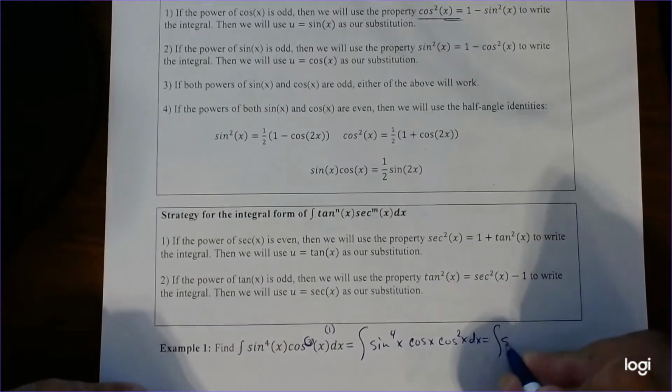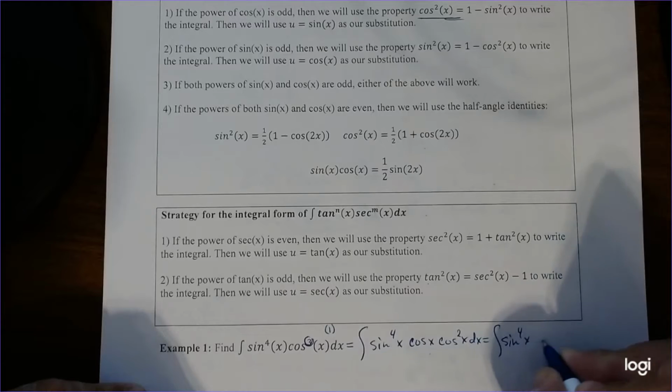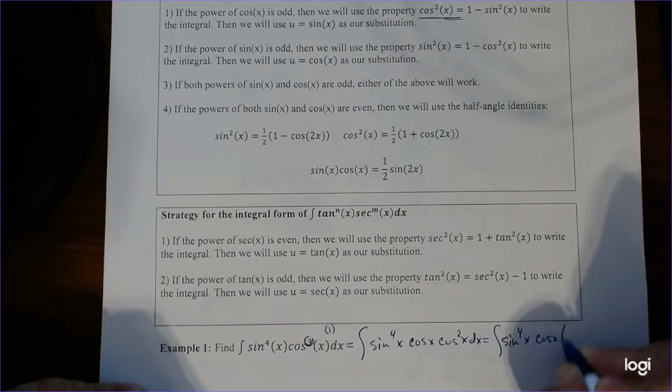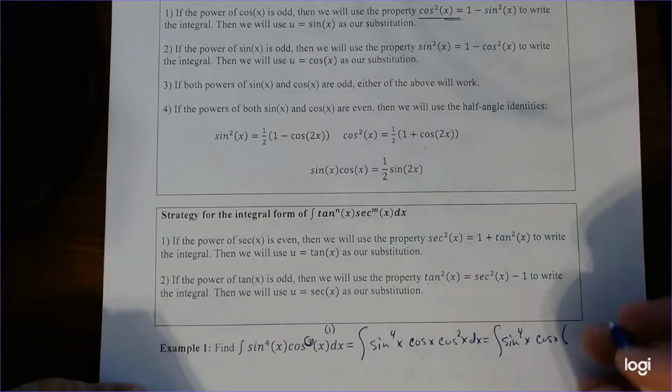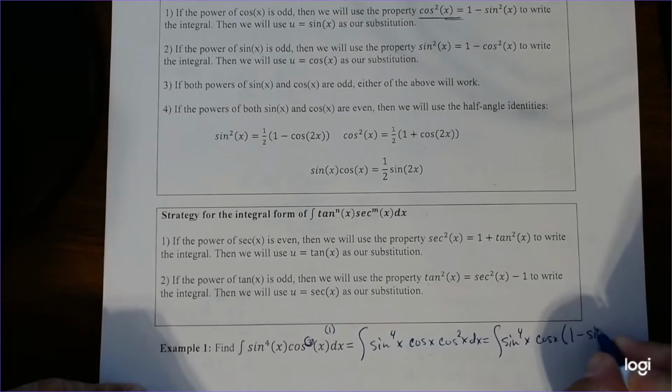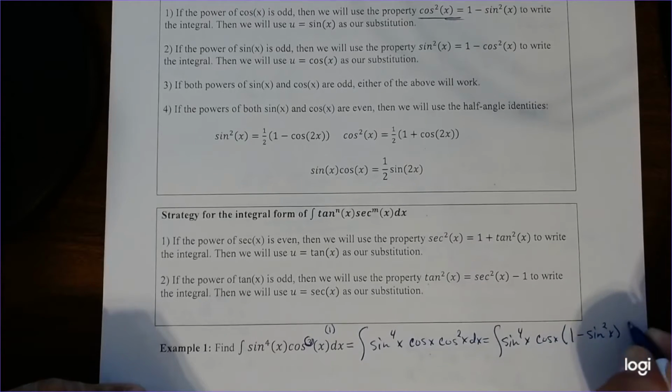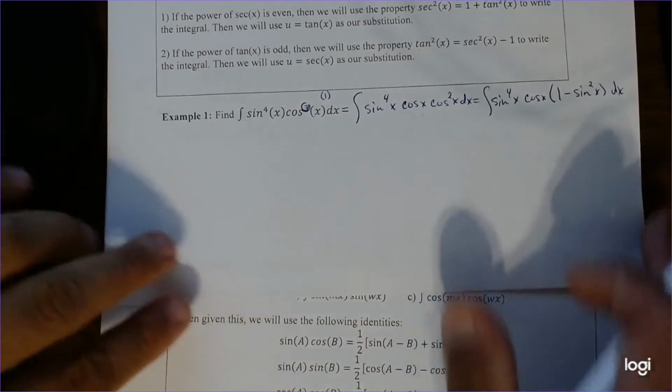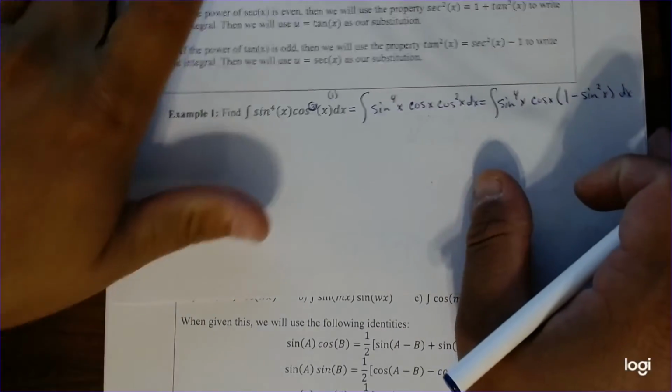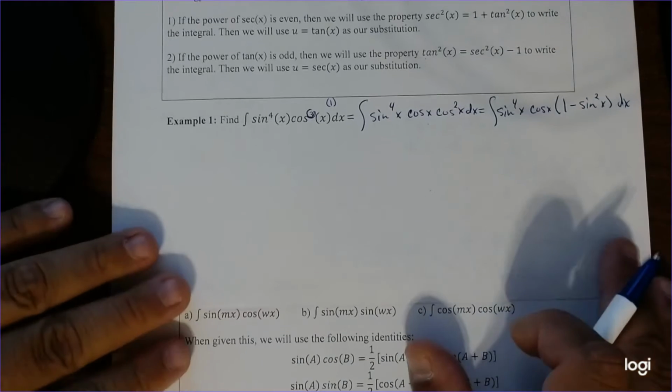So sine to the fourth x cosine x times, now substitution, 1 minus sine squared x. So that's how we use these strategies. You just use the equalities we have to do that.